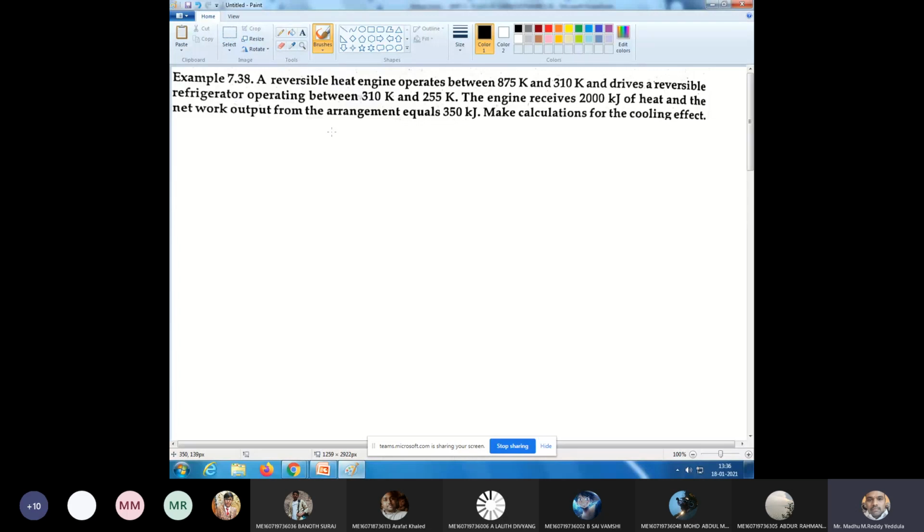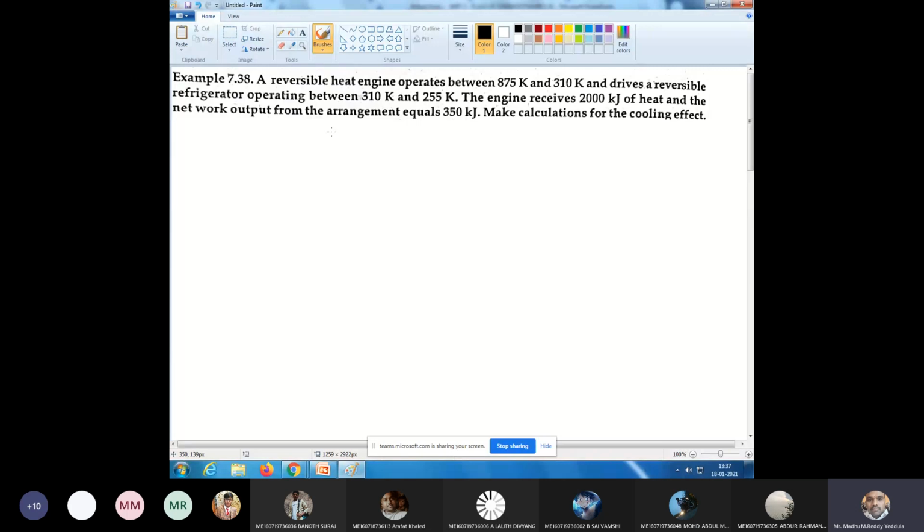Can anyone draw the figure by reading this problem? Just go through the problem once. If you are able to draw the figure, it's over. A reversible heat engine and a refrigerator are both there. Can anyone draw the figure?